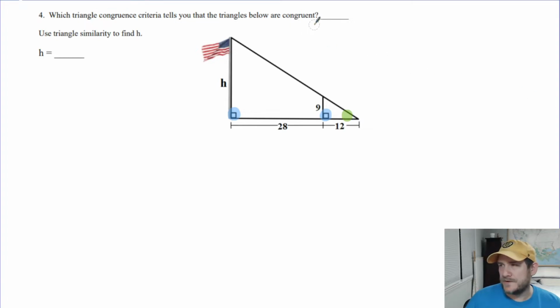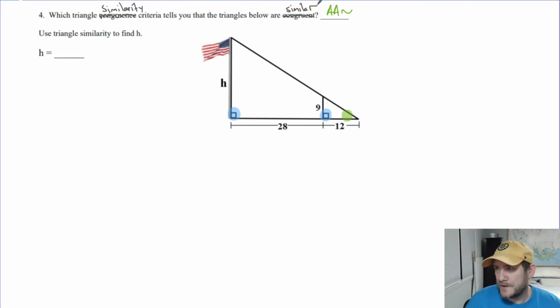So these particular triangles can be proven similar by angle-angle similarity. I'm just now noticing this is a massive typo. We should be saying which triangle similarity criteria tells you that the triangles below are similar.